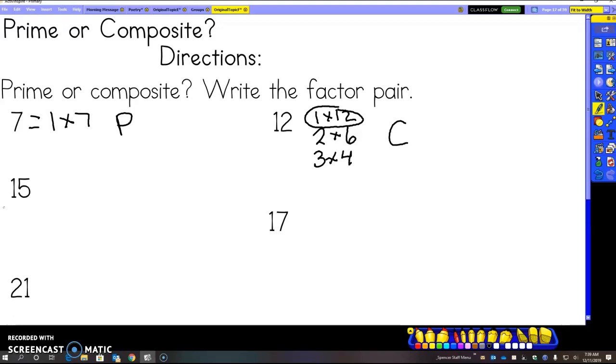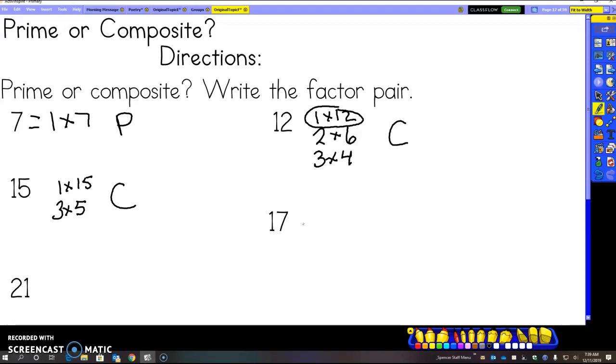Okay. All right, let's look at 15. So we should be thinking that 1 times 15. Okay, 2 doesn't go in, 3 goes in, so 3 times 5, 6, no, 7, no, 8, no. Okay, that's it. It only has 2 factor pairs, but it's still composite. Okay.